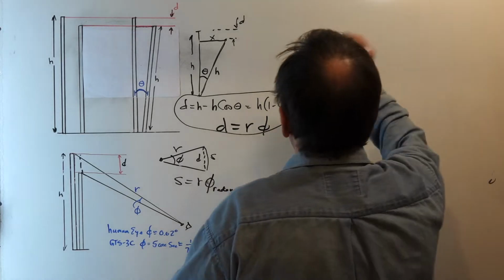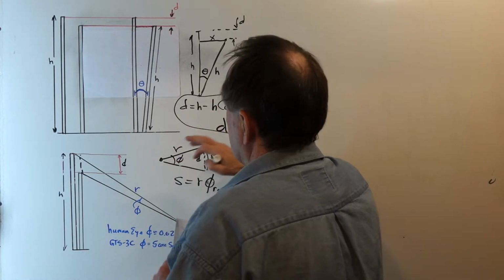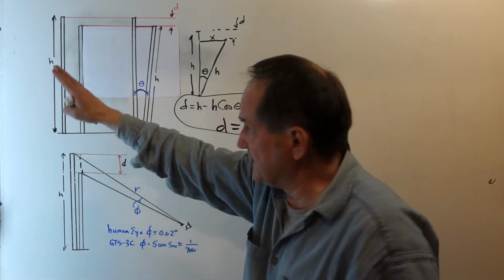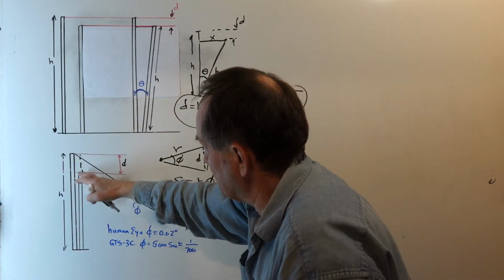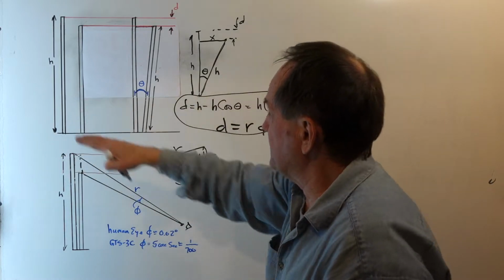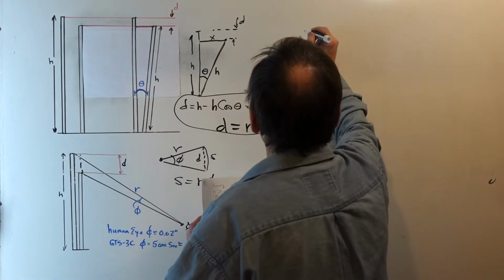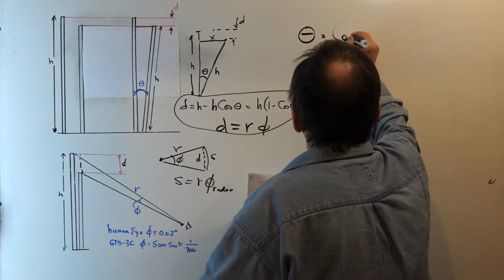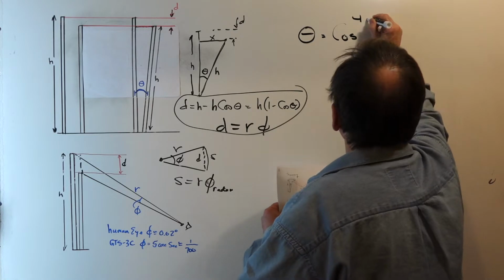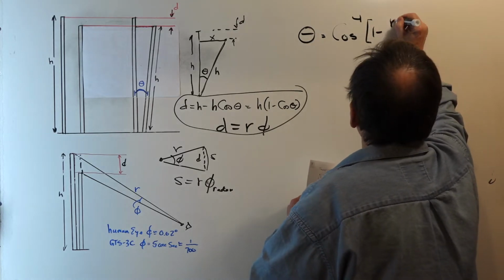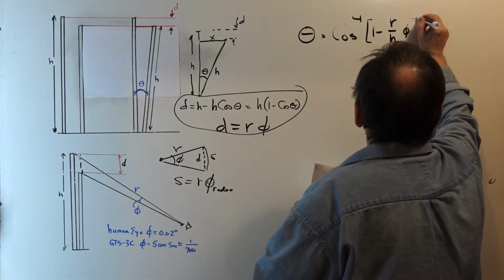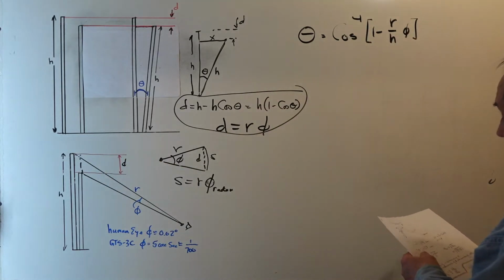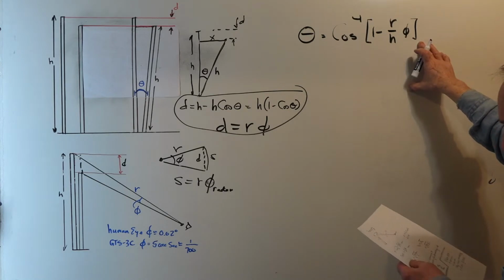If we want to know the relationship between the tilt angle and the perceived angular measure that we measure on the height difference between the poles, they are related in the following manner. The tilt angle is the arc cosine of 1 minus r over h times the perceived height difference angle, phi. This is an exact equation.